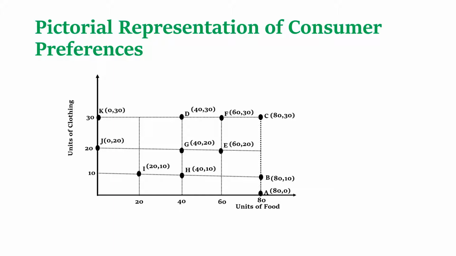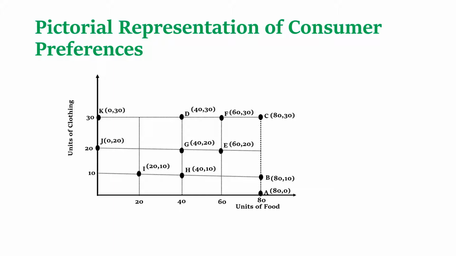So in other words, all the points along an indifference curve give the consumer the same amount of satisfaction. But any indifference curve higher than the one where the consumer is at the moment gives the consumer a greater amount of satisfaction.